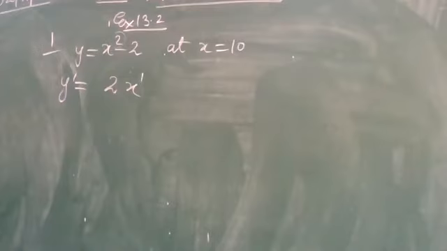What is the derivative of x raised to the power 5? Prince. 5x to the power 4. The power comes in front, one power less. What is the derivative of x raised to the power 7? 7 into x raised to the power 6. Whatever power we have, that comes in front and one less.